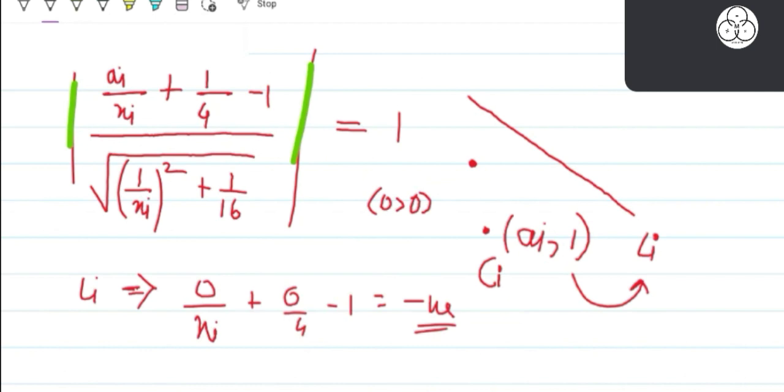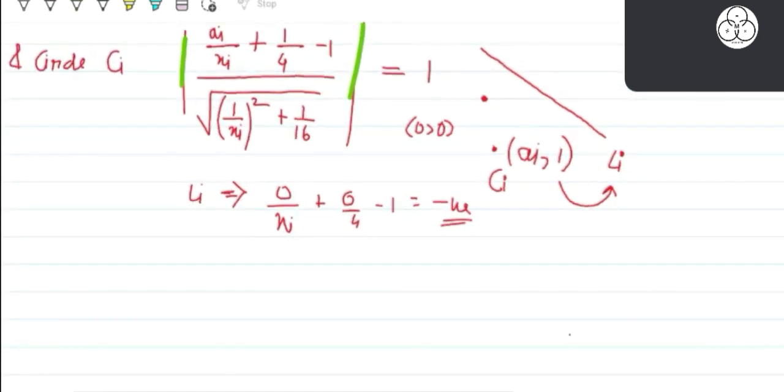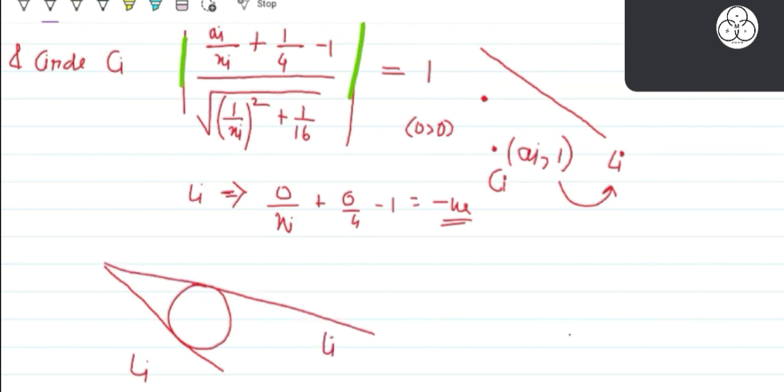Now, we all know from the diagram, so let's move on to the diagram. For circle Ci, these are the two lines. This is Li and this line is Li+1. And there is the origin (0, 0).